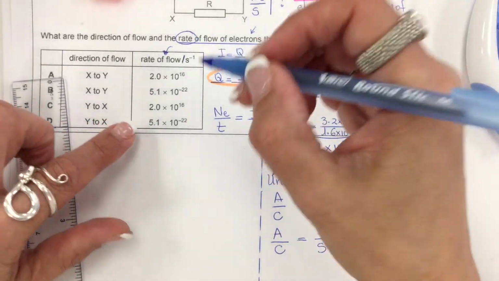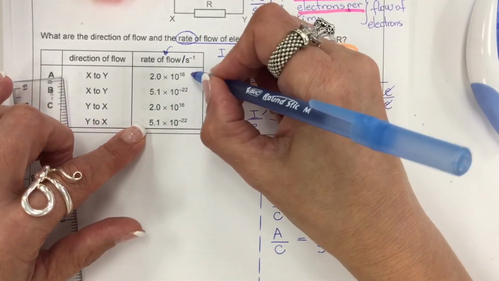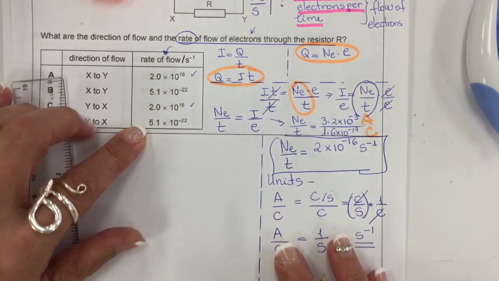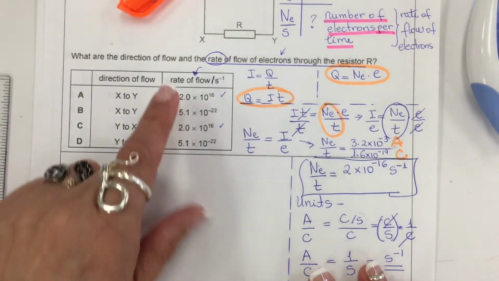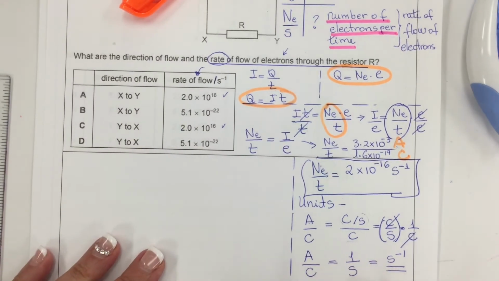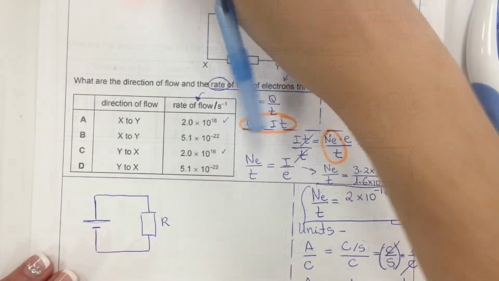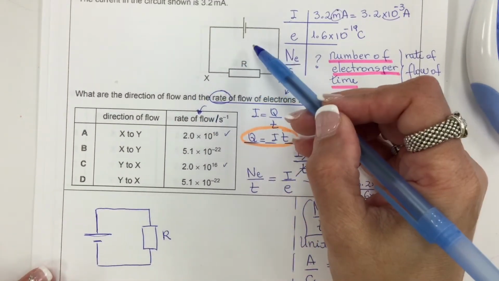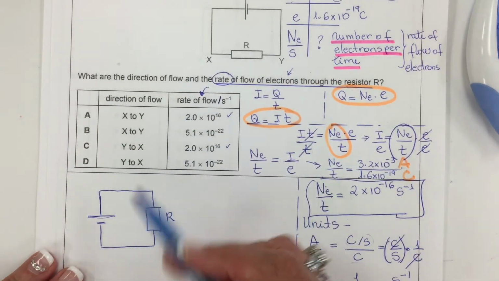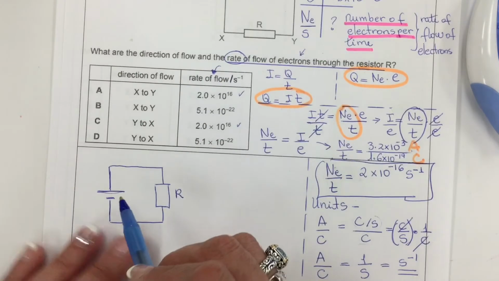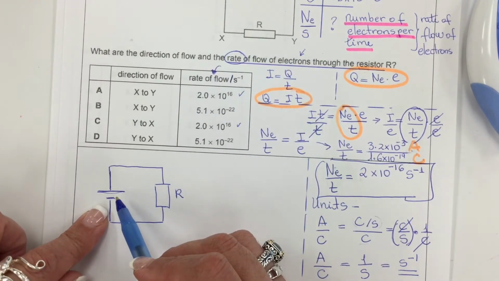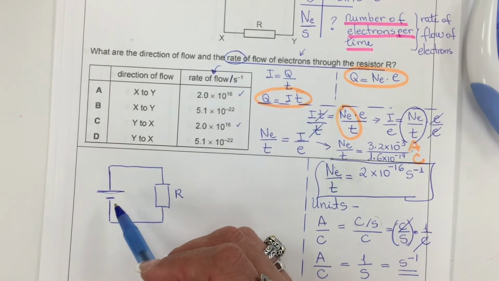Now I have two options, this and this. The direction of flow is going to determine which one I select. This circuit and this circuit are exactly the same. I just flipped the battery source, the voltage, a little bit because I want to show you something.